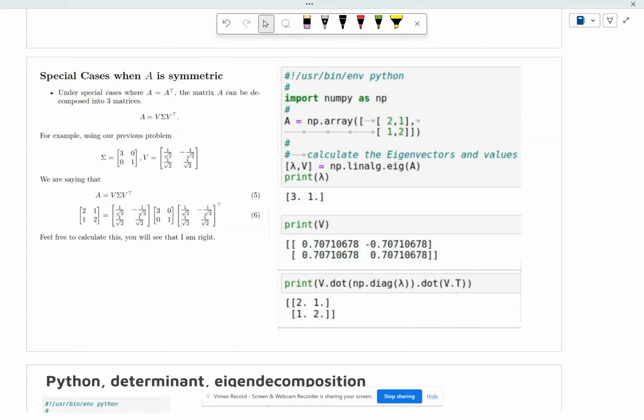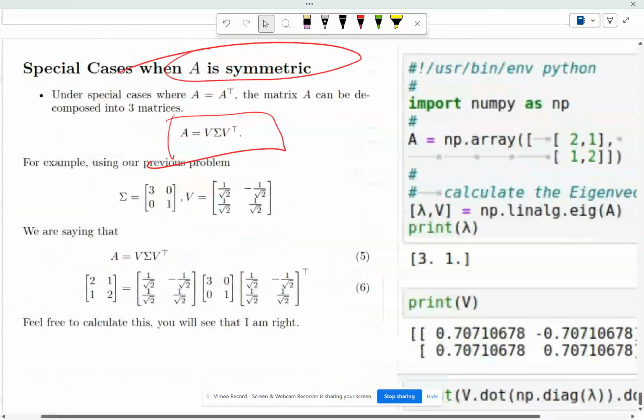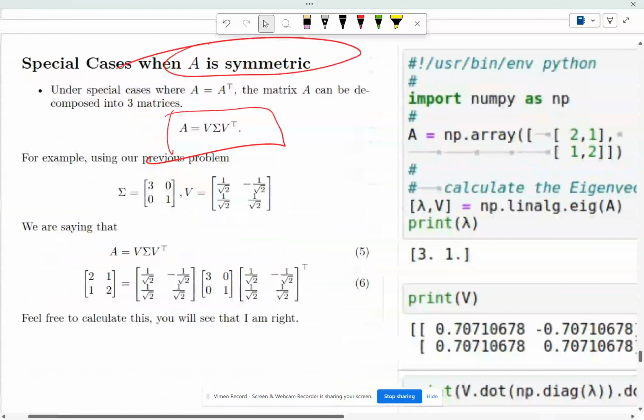And sigma is a diagonal matrix where the diagonals are the eigenvalues. Remember that the eigenvalues are 3 and 1. So what I'm saying here is if A happens to be symmetric, then A can be decomposed into three matrices. We know what V is, and sigma is the eigenvalues.